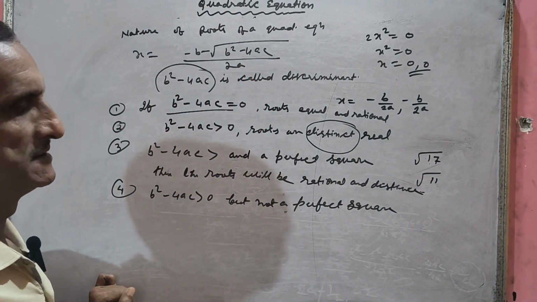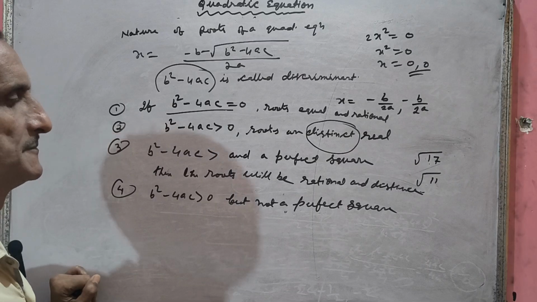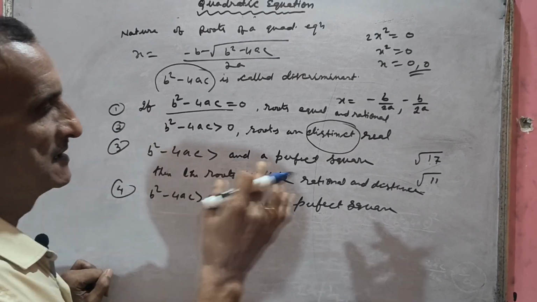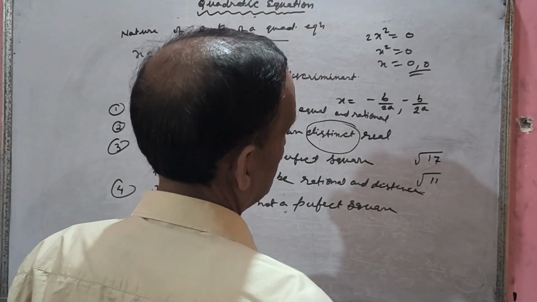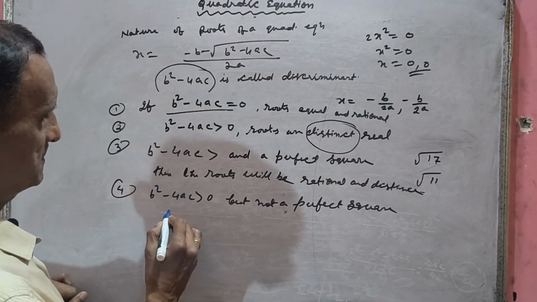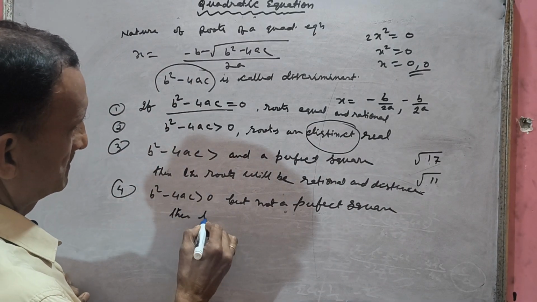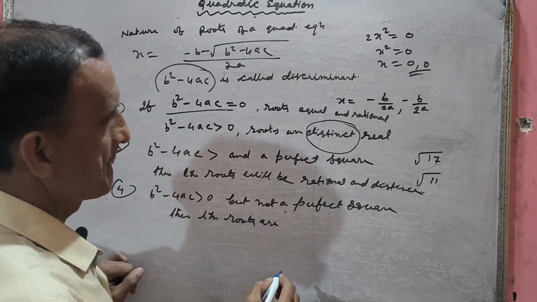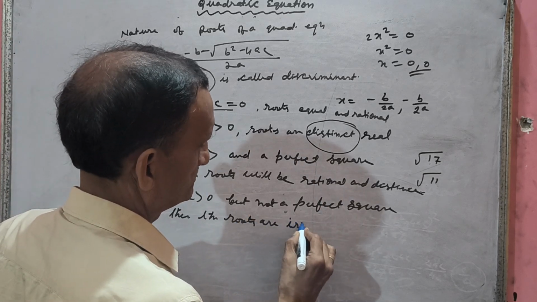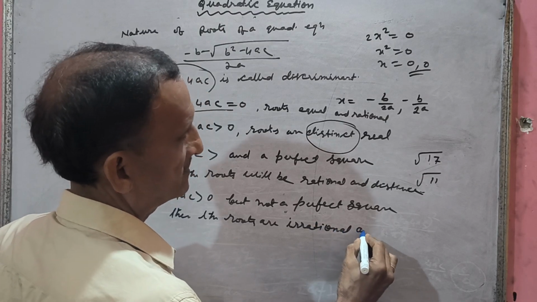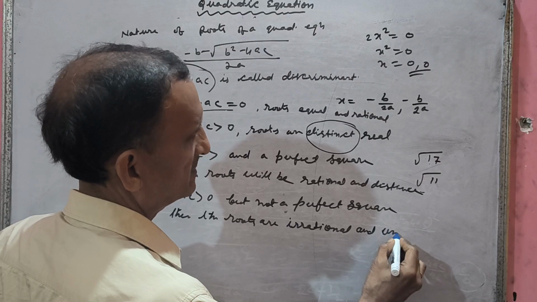You don't have an exact square root. The radical sign will remain here, and you know it's called an irrational number. Then the roots are irrational, and of course they will be distinct, or you can say unequal also.